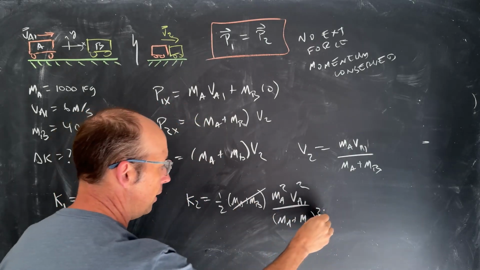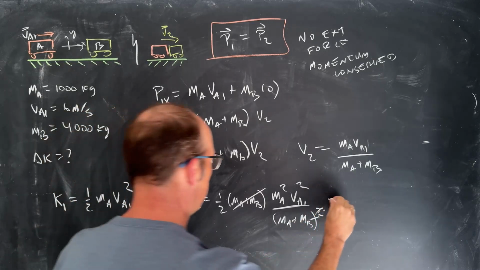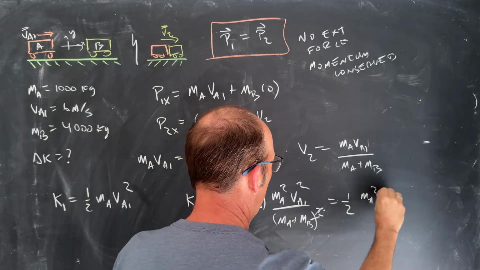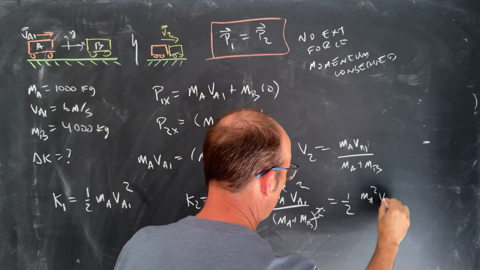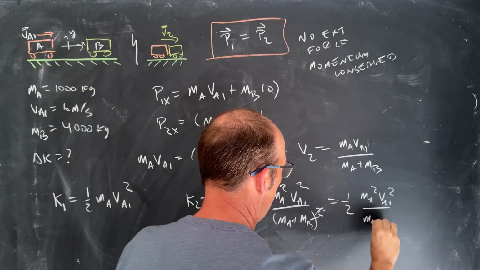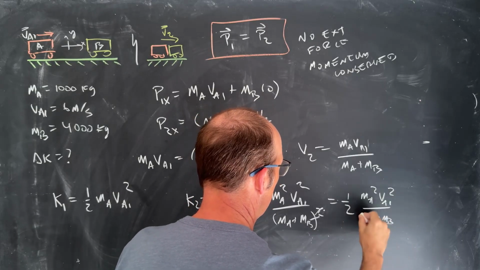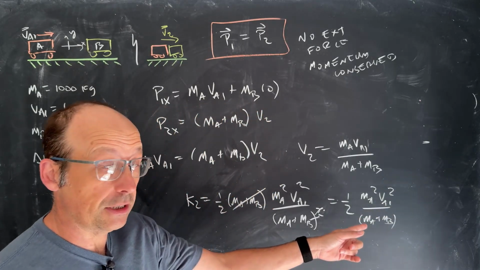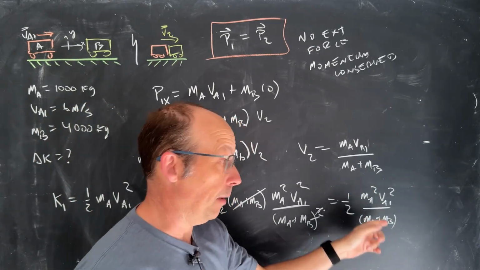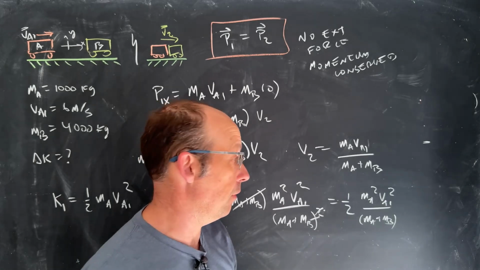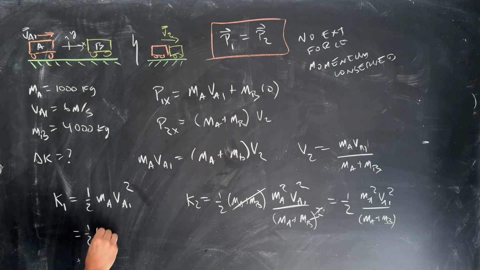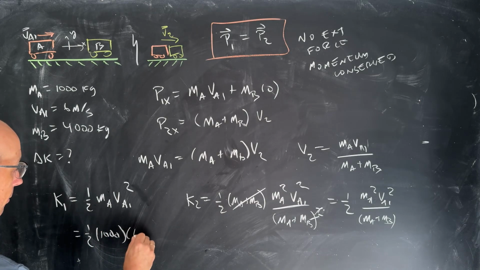And you'll see here those cancel with one of those. So this is going to be equal to 1/2 MA squared VA1 squared over MA plus MB. And notice that has the same units as kinetic energy because I have a mass squared on the top, but I have a mass on the bottom. So I get mass times velocity squared, so that is correct. Okay, let's go ahead and calculate this. So K1 is 1/2 times 1,000 times 6 squared.